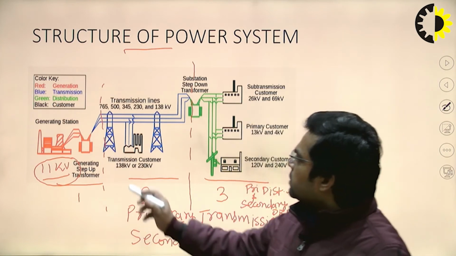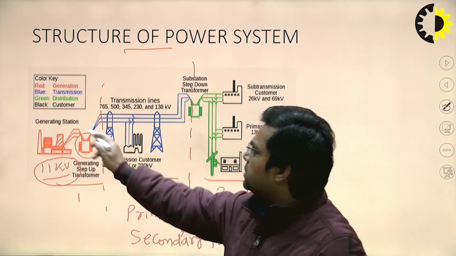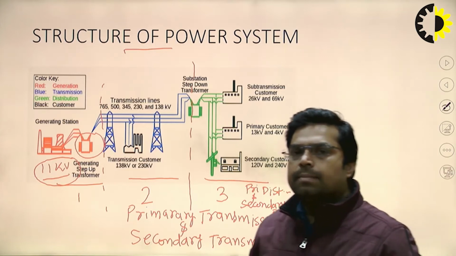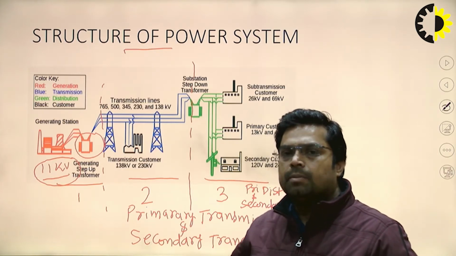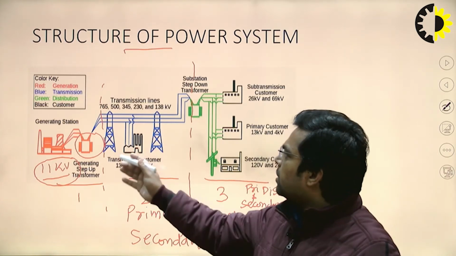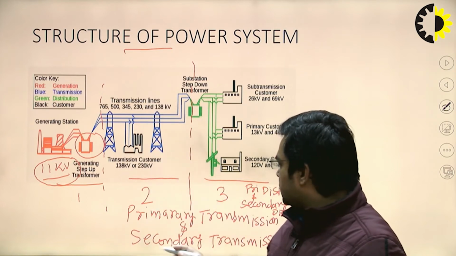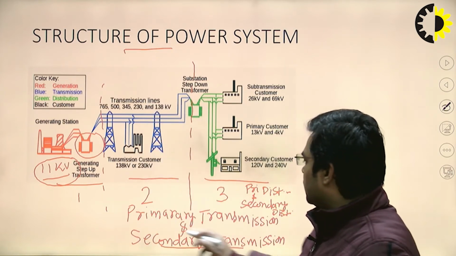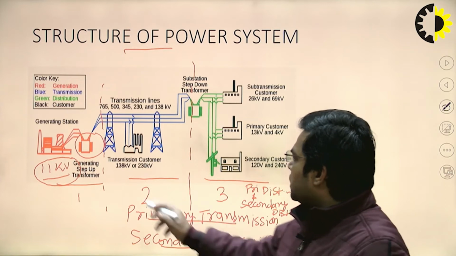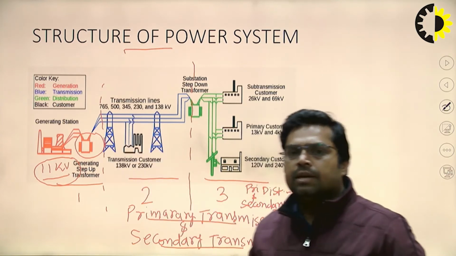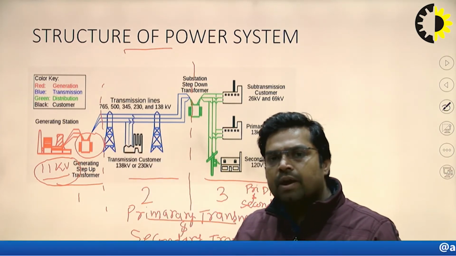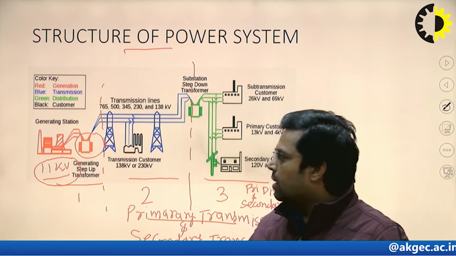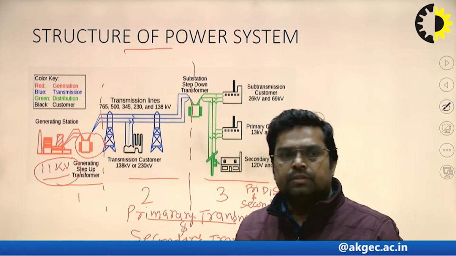Now, there is a transformer. With the help of the transformer, we can step up the voltage to the transmission level, or for the primary transmission. In the primary transmission, the range of voltage is quite higher compared to the generation side.